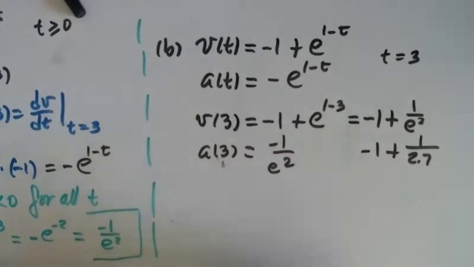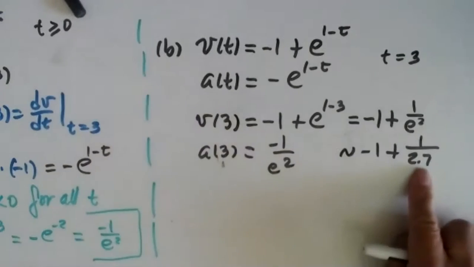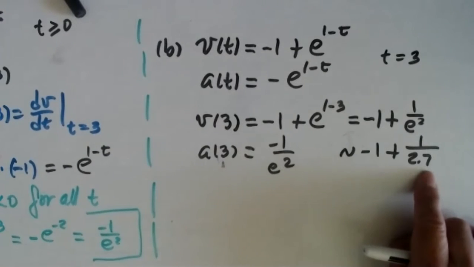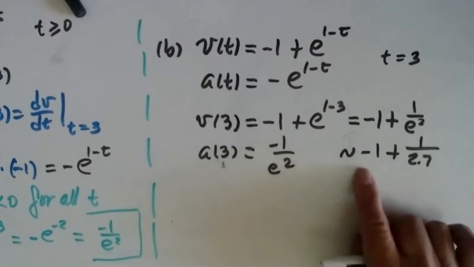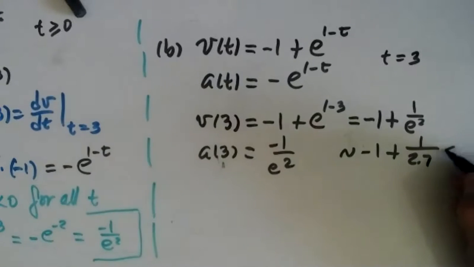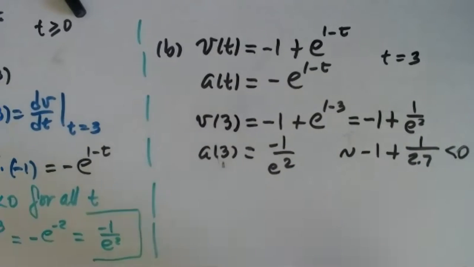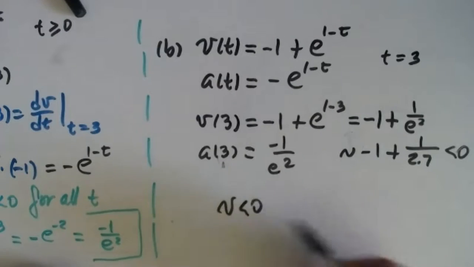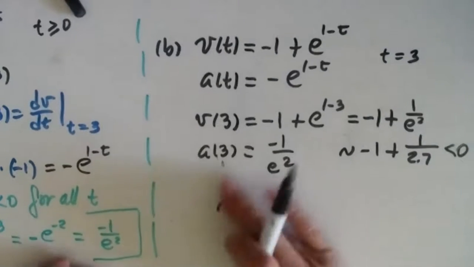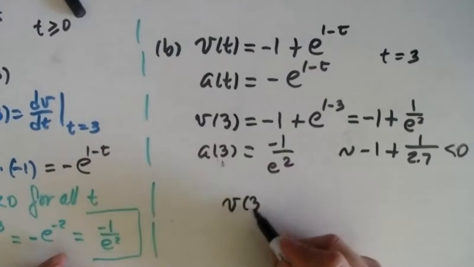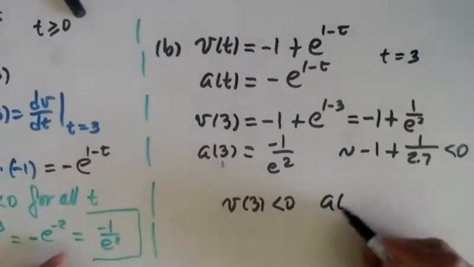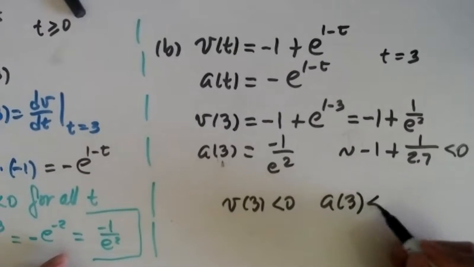This is close to 1/3, it's about 0.3. Negative 1 plus 0.3 is negative, right? So the velocity is negative. V of 3 is negative, a of 3 is negative.